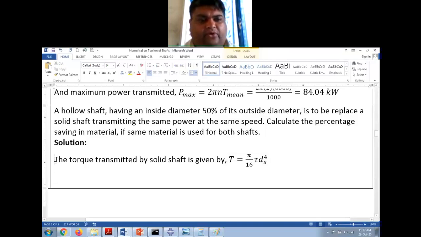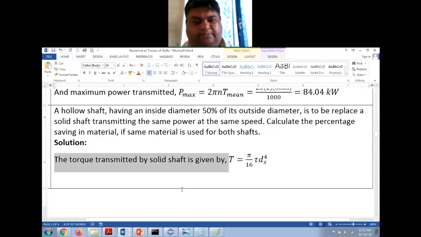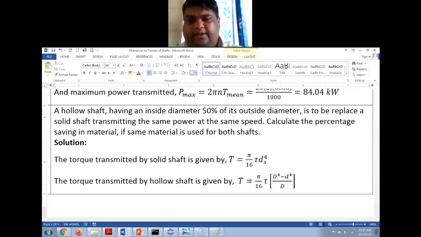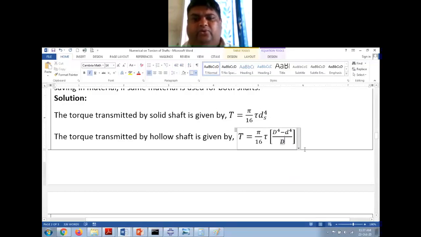Now the same thing for hollow shaft. Hollow shaft torque is given by T is equal to pi by 16 tau times D raised to 4 minus d raised to 4, divided by D, right? Here we will do some changes. What I am going to do is take this D raised to 4 as common outside.